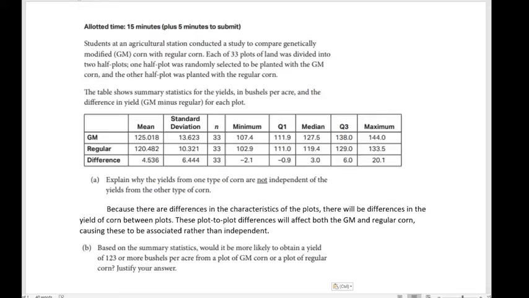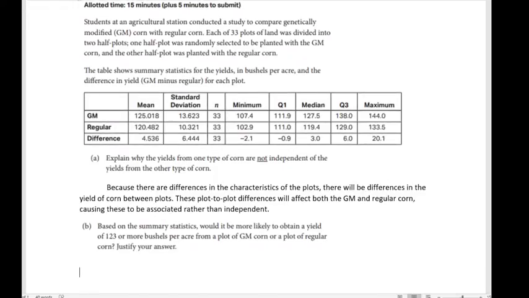This one is actually a little bit of a trap, and a time trap. This is the shorter question, so we have 15 minutes to do this one, plus 5 minutes to submit. You could calculate z-scores and do all of that, but that is not as helpful.